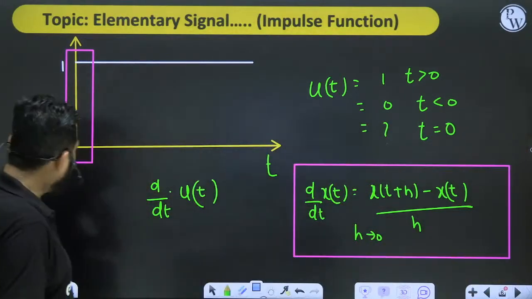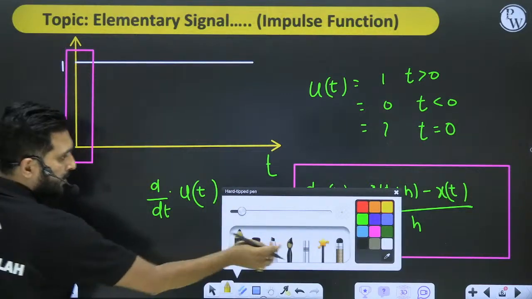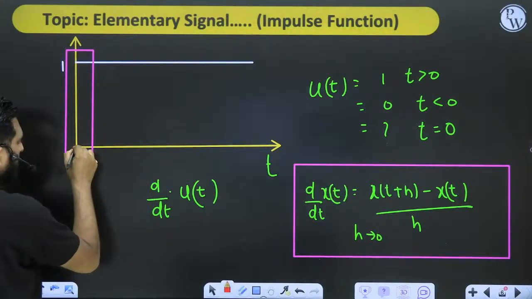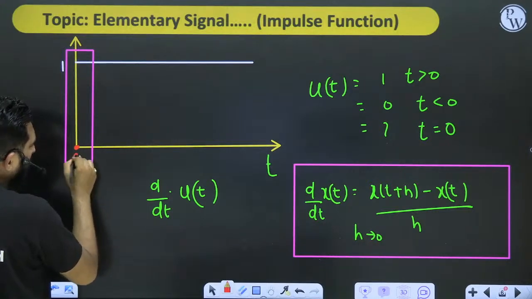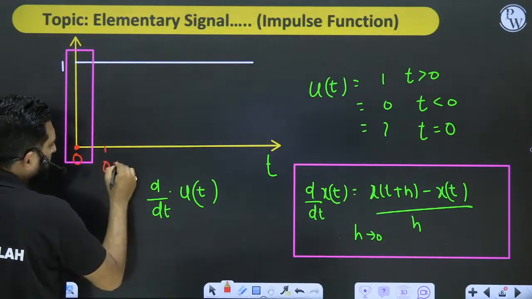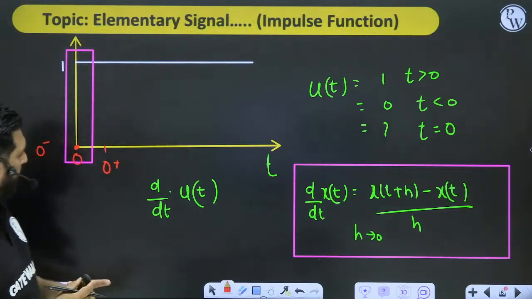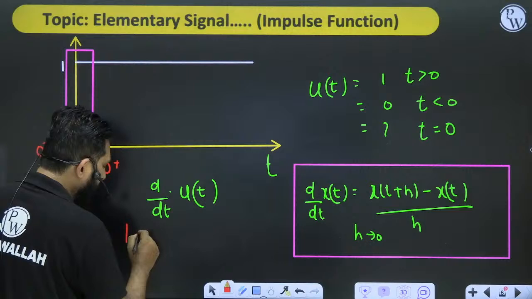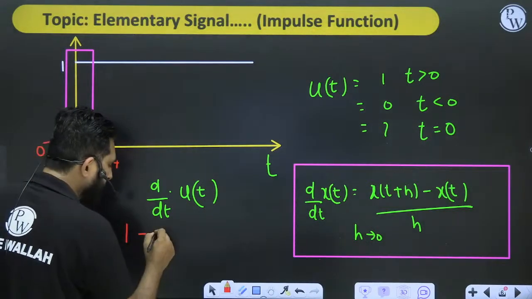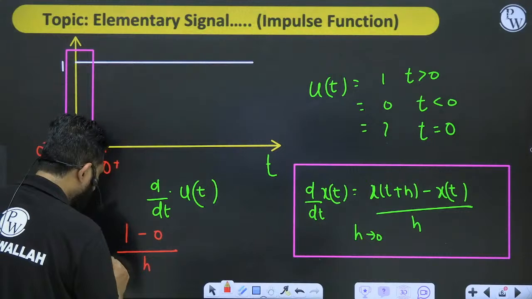See here. Suppose I consider this point, let's say 0, then this is a point 0 plus, and somewhere here we have a point 0 minus. So if I consider this to be, let's say, 1, then x(t plus h) is 1 minus, let's say, 0, divided by h, with h tending to 0.